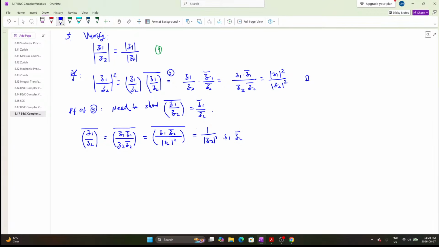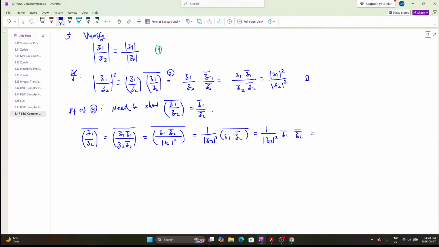Okay, that's nice. So now use the property of the conjugate with multiplication. So z2 modulus squared at the bottom, and on top you now have z1 bar times z2 bar bar. So this is just z2 on its own.